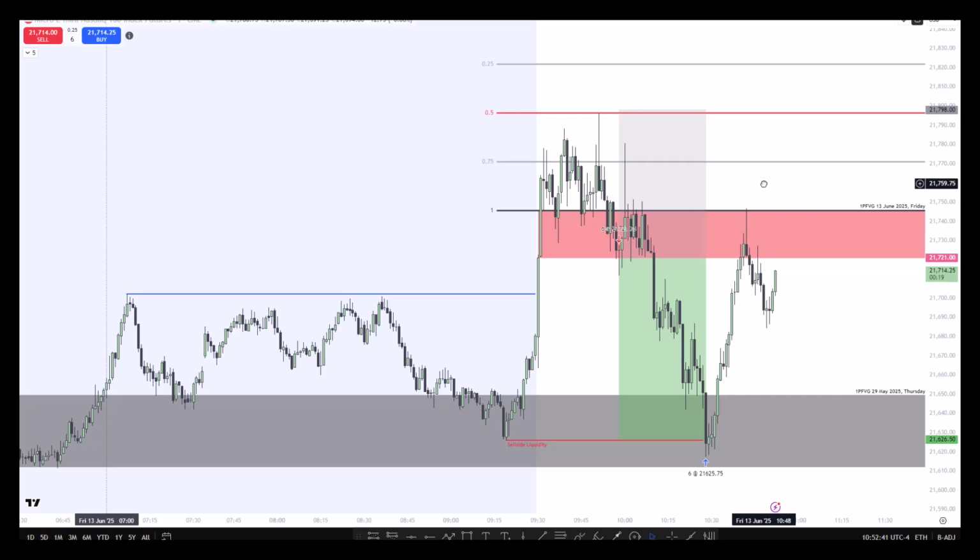The precision is insane. Anyway, guys, I hope you like this one. Just wanted to show you an example so you can see I took the trade. It's not hindsight, it's actually my eval here that I'm trading using this model. So it works. It definitely does.